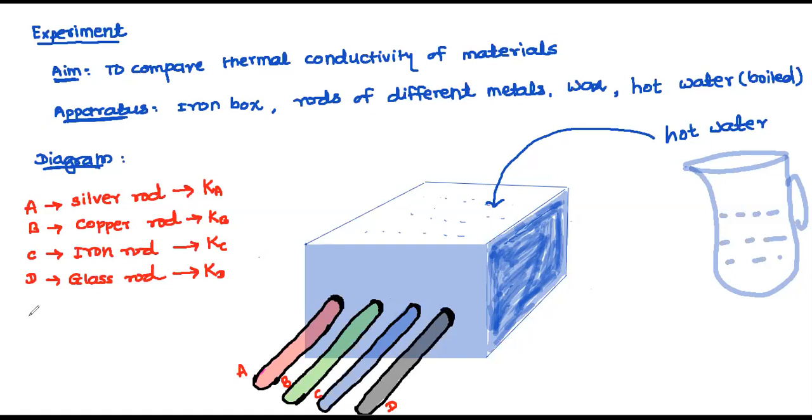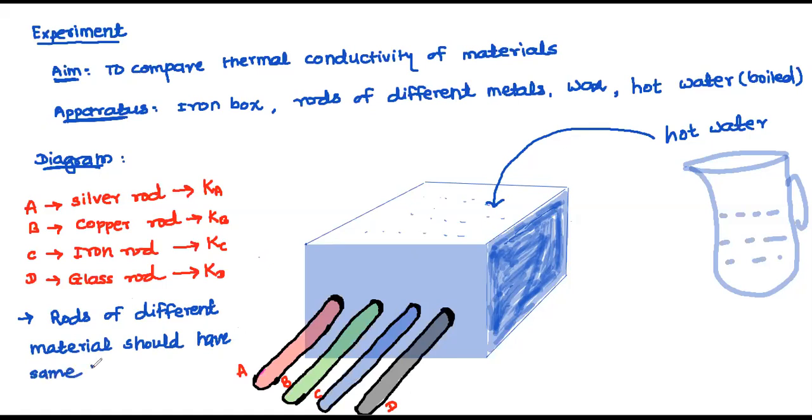what is that. Keep it in mind, this is a very important point: rods of different material should have same length and same area of cross section, isn't it?